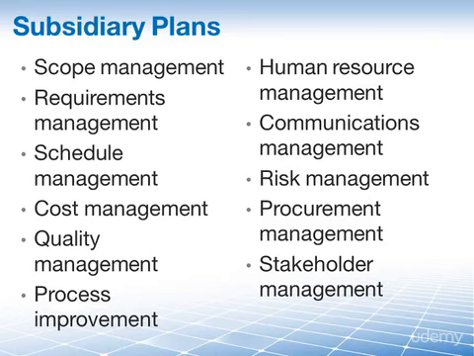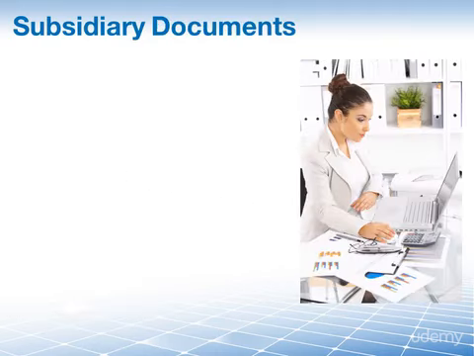We're not going to review all of these in detail in this lesson, but we're going to pick the most important ones for you. Did you notice that on the previous slide, every single one of those subsidiary items we mentioned had the word plan in them?